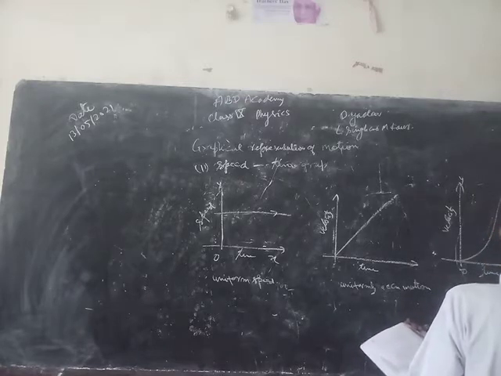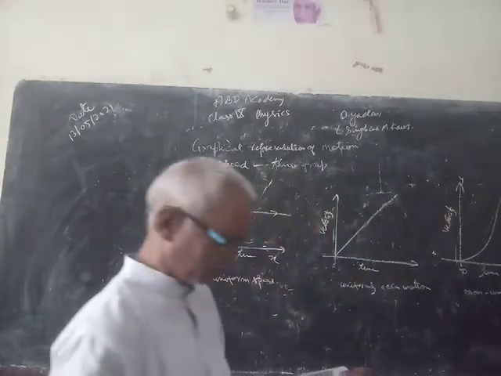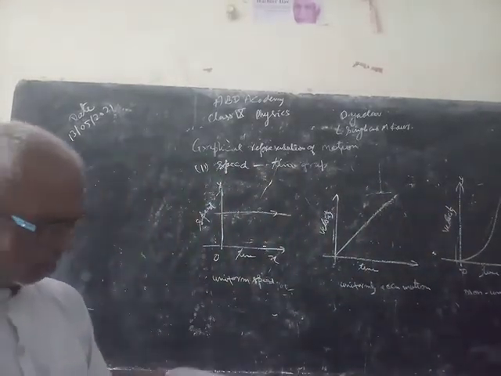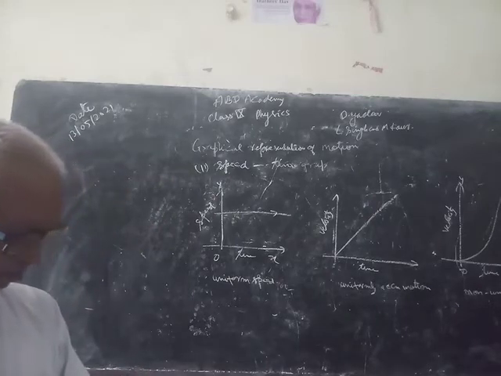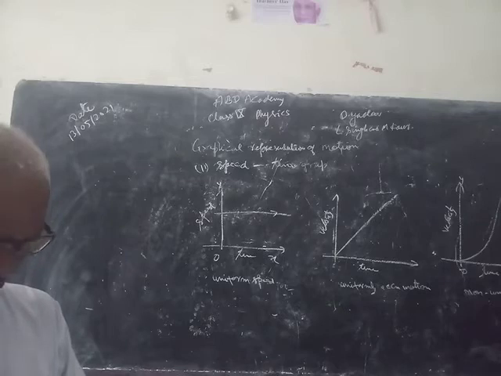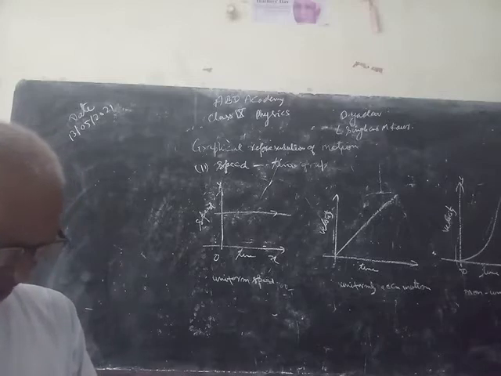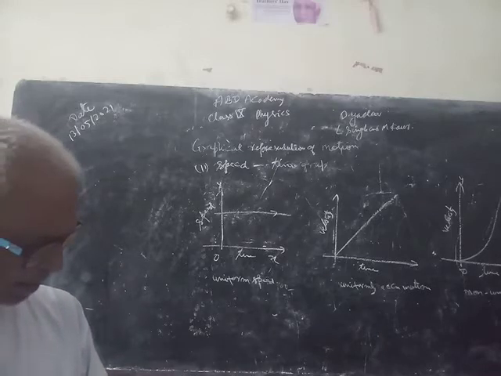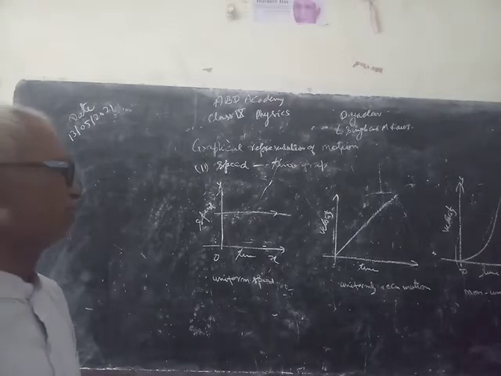Likewise, this is the second type, speed-time or velocity-time graphs. And third is accelerated motion. These are some types of graphs which can be shown.